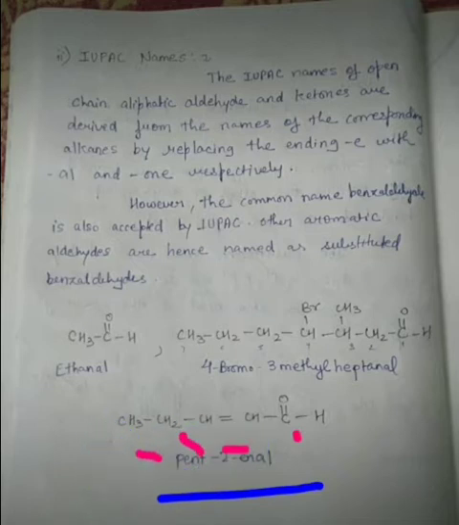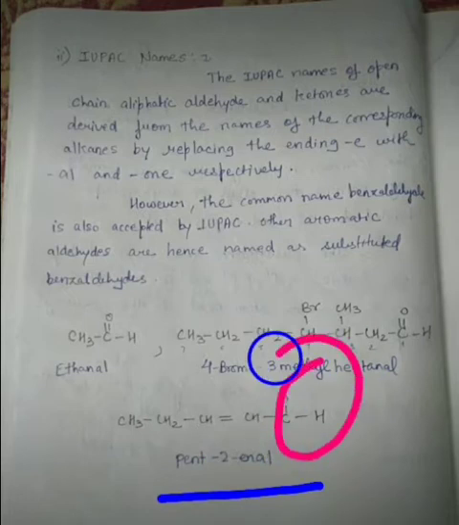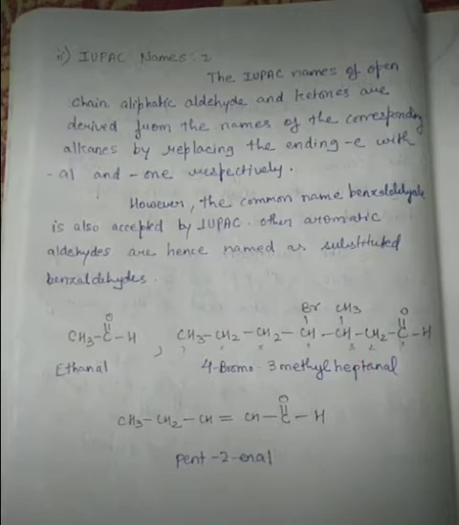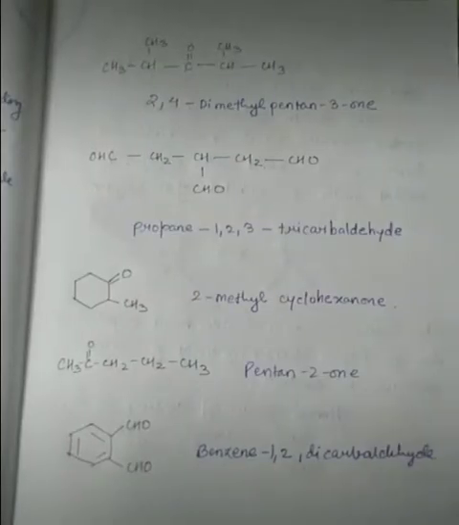At the 2 position there is a double bond, and at first position the functional group, that is aldehyde, is there. So its name will be pent-2-en-1-al.